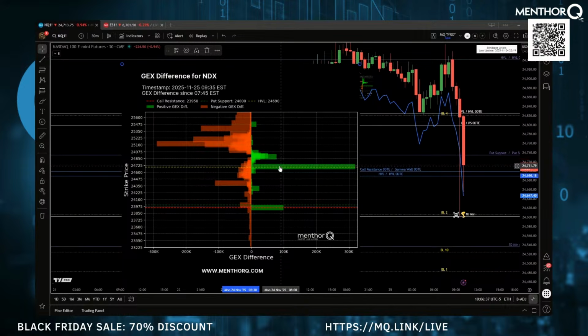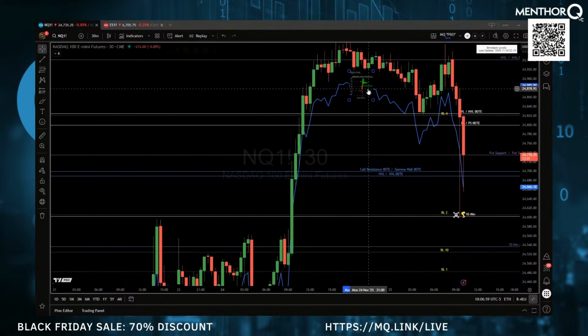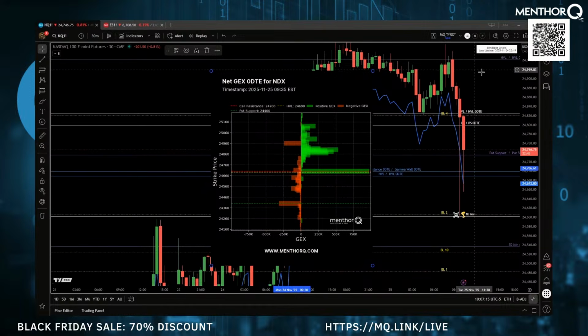Later 24,725, we are sitting below. 24,725 is right here. 24,630 is right now the price of NDX. And later 24,850 and chop zone 25,100 till 25,200. Zero DTE NDX right now, 24,700, 24,690 zone is our main point. If we have support here, then we have a gap, 24,860.